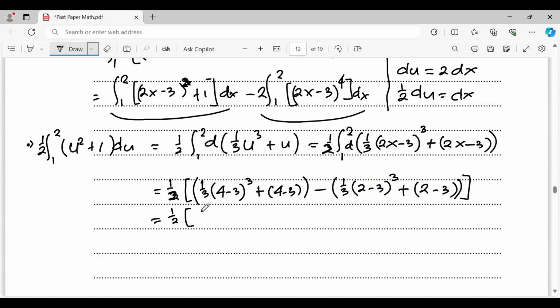Becomes half times 1/3 plus 1 minus 1/3, and this is minus 1.